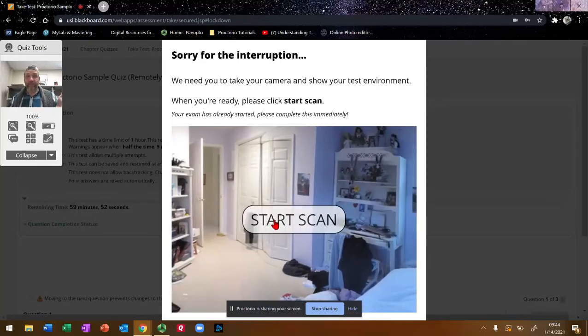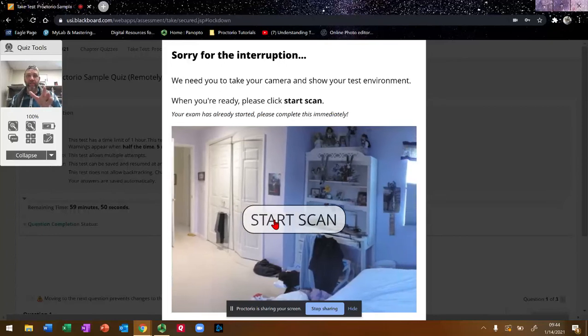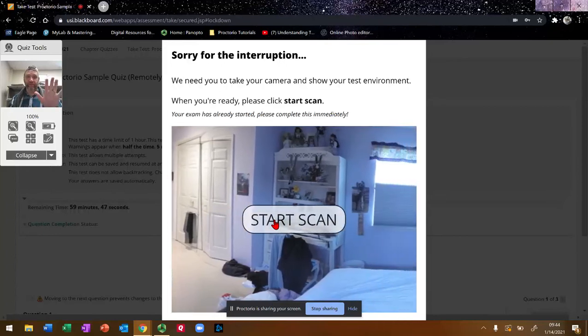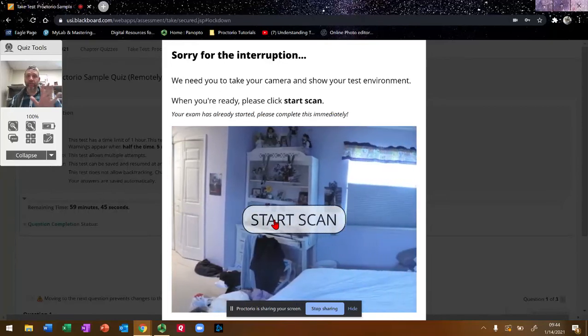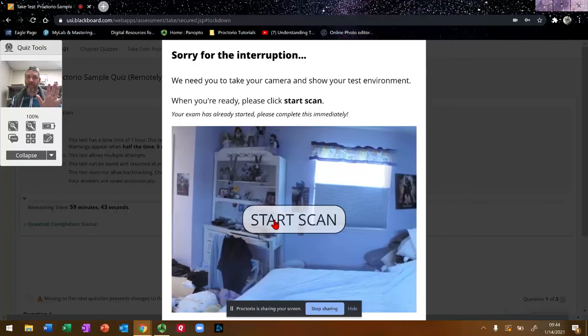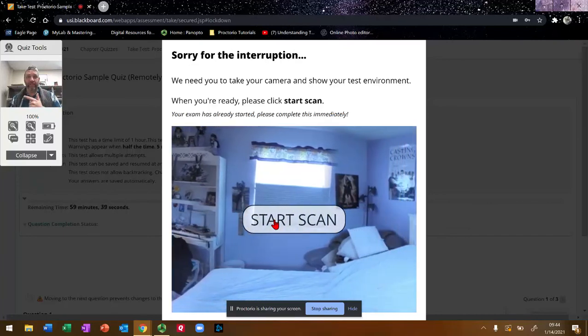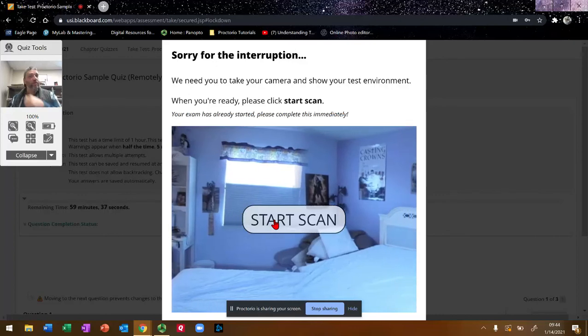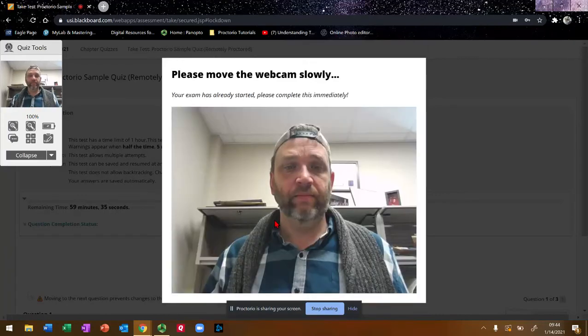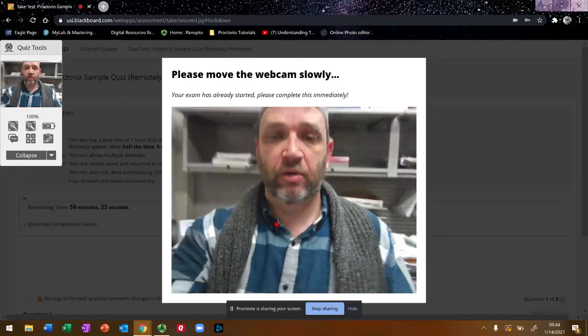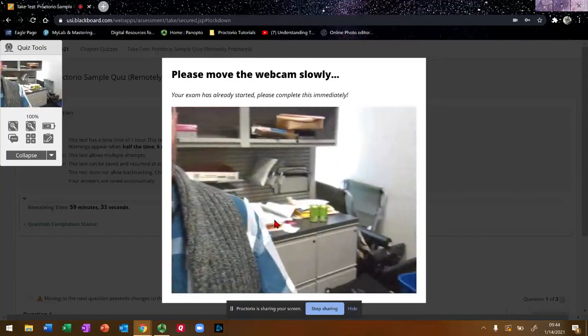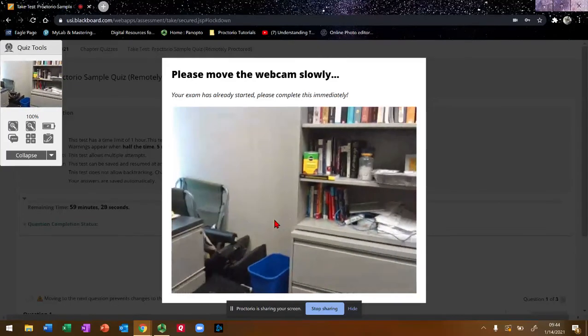So the timer is running. I want to make sure you understand that at this point, if there's a timer, it's running. So you want to take your time scanning, but you don't want to just do it real quickly just to shave off a couple of seconds. So start scan. And I'm going to start with me. And notice kind of how slowly I'm moving it.